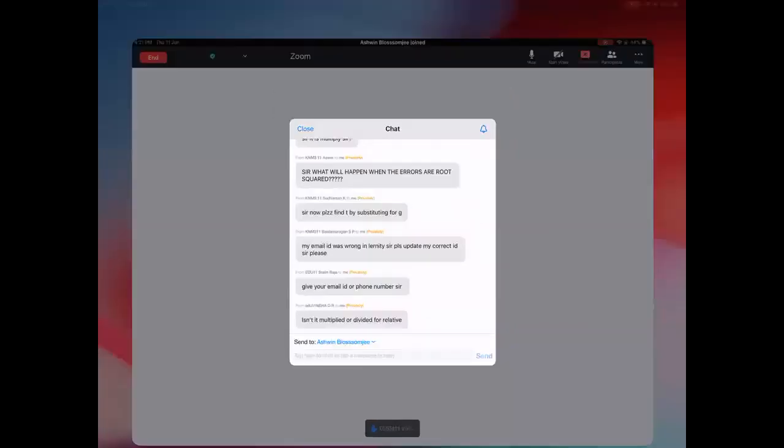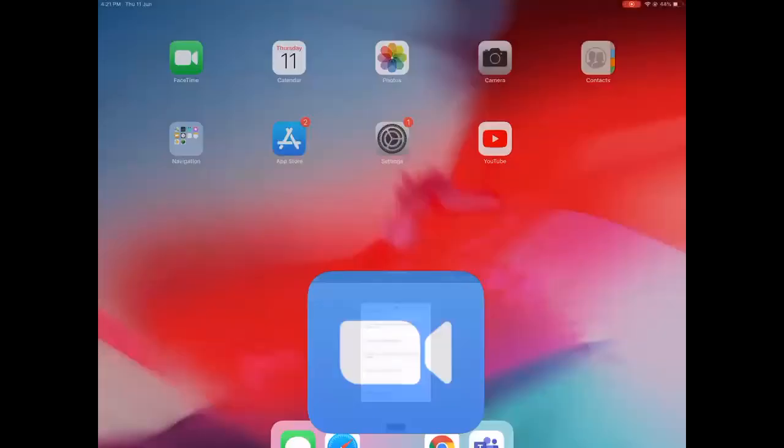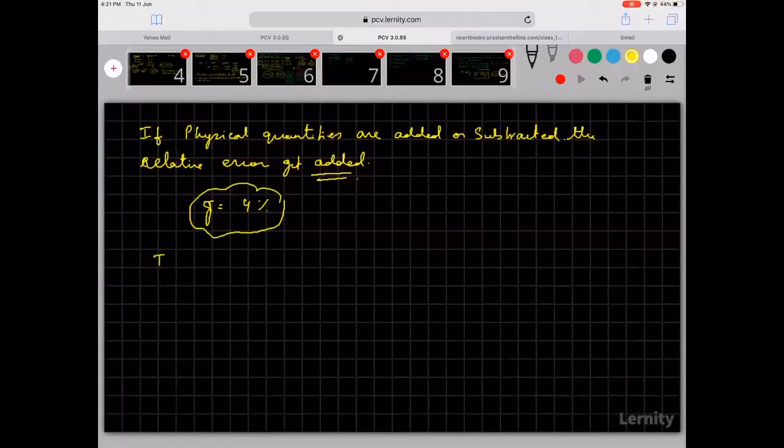Okay, then next question. The error in measuring gravity is 4%. The error in measuring length is 2%.